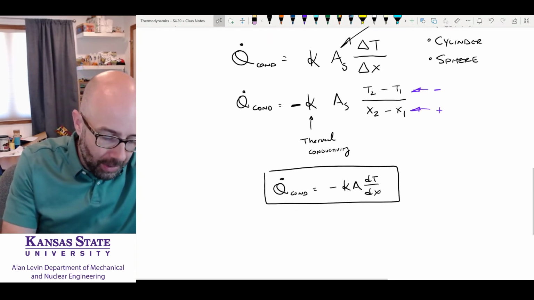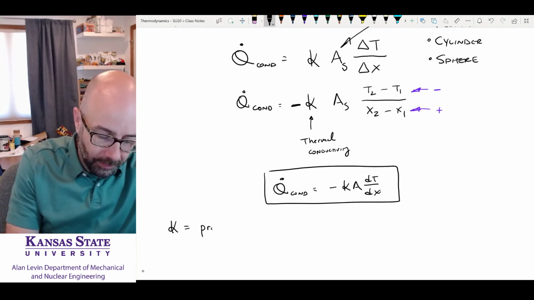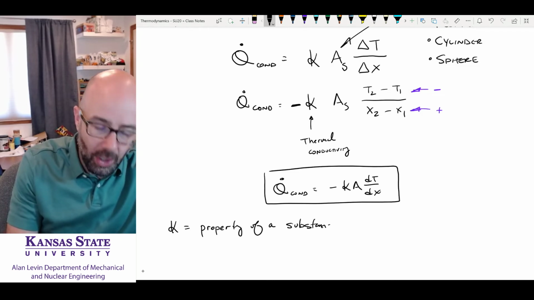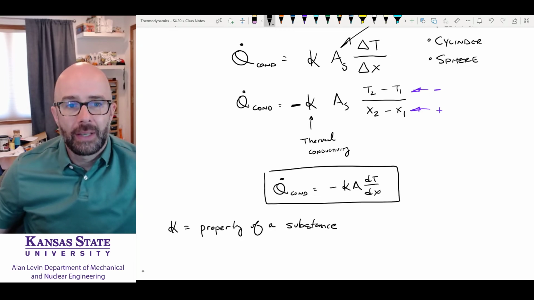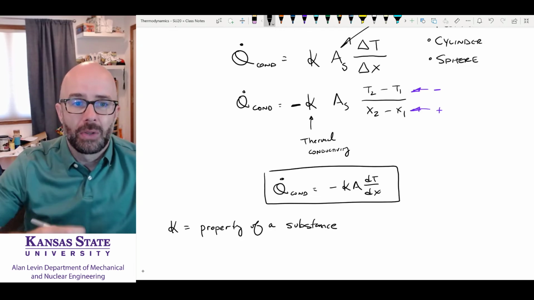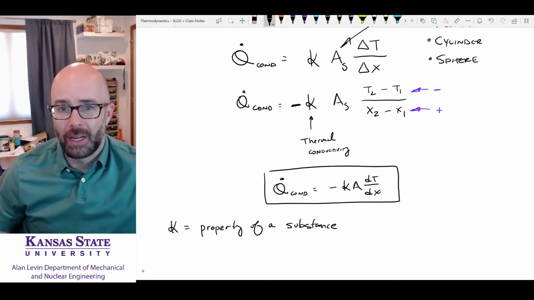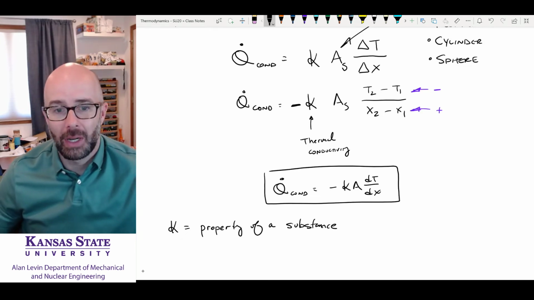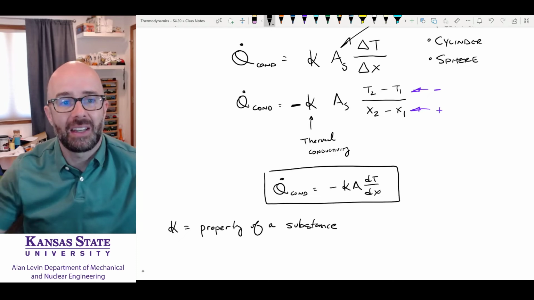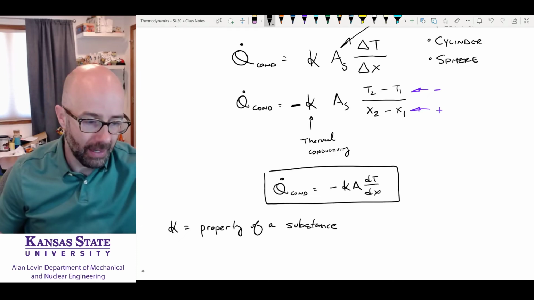Now, the thermal conductivity is a property of a substance. When we look at this, each metal, iron, has this thermal conductivity, plastic has this thermal conductivity, skin has this thermal conductivity. We can look that up. It's a defined property of a substance.